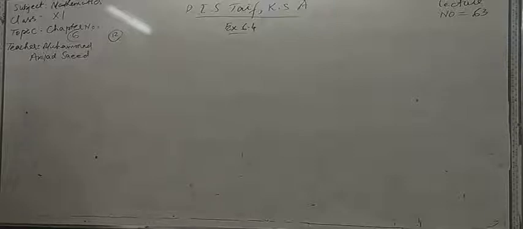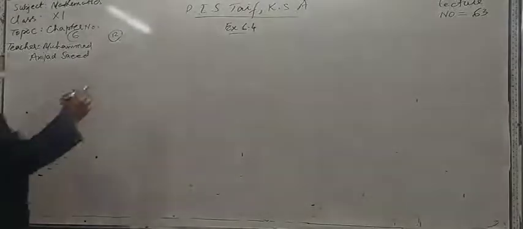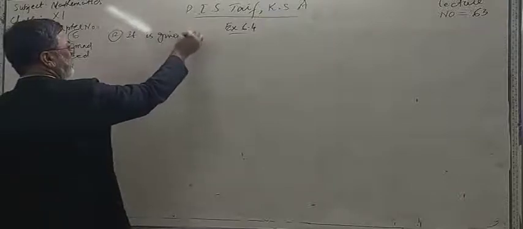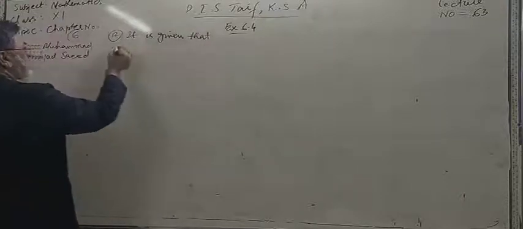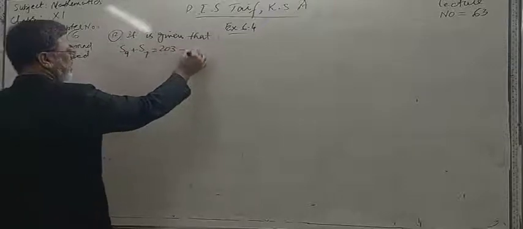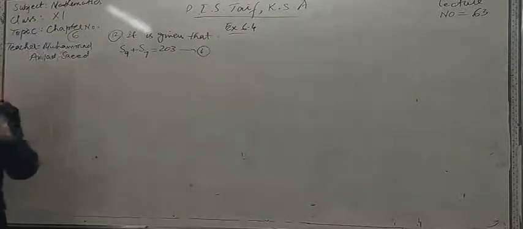Question number 12 is, it is given that the sum of S9 and S7 is 203. That is equation number 1.